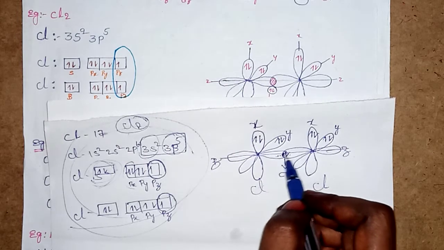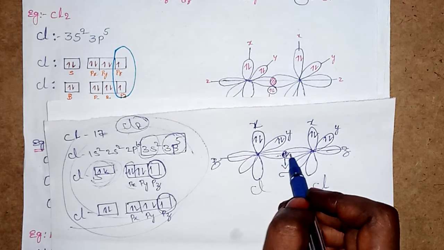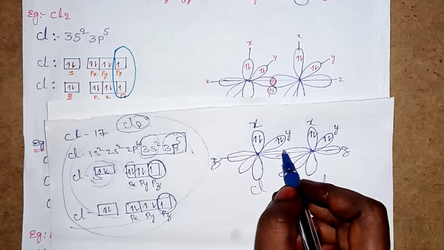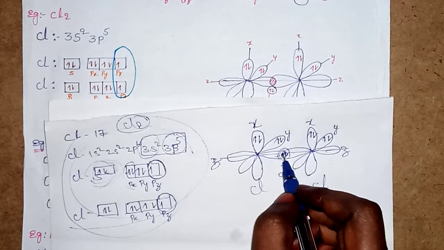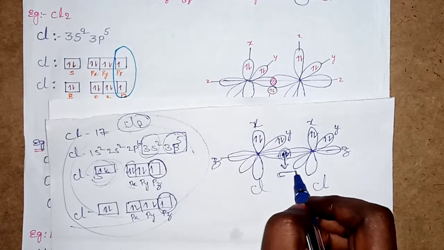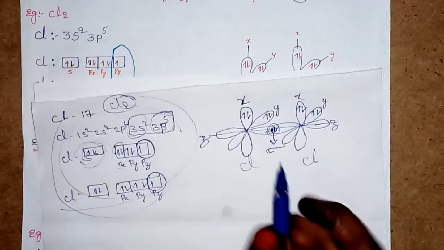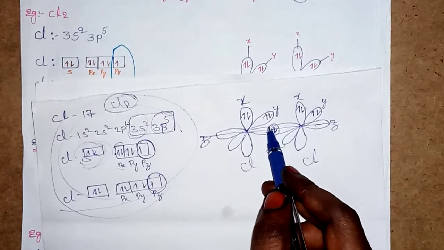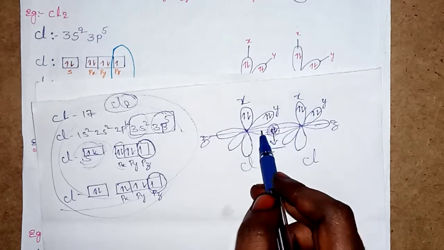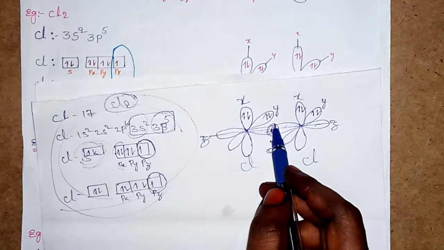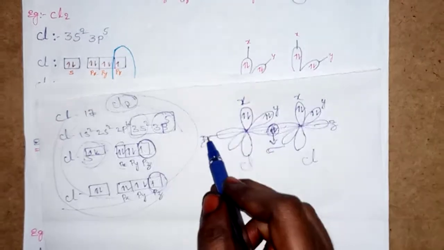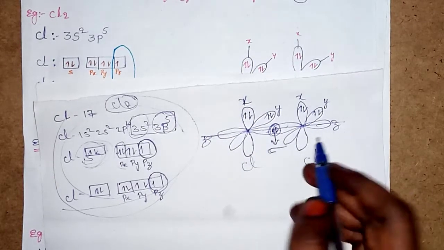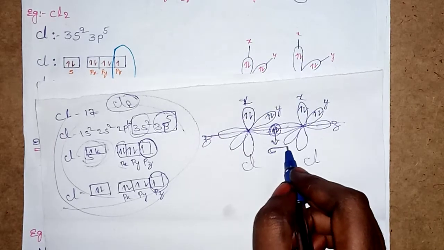These 2 orbitals overlap and give this type of bond, a sigma bond. What is the rule of sigma bond? Two lobes are involved, one overlapping zone forms, and this overlapping zone lies on the axis. This is the formation of a sigma bond.